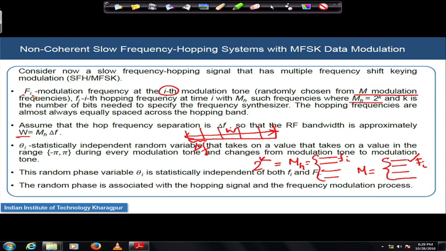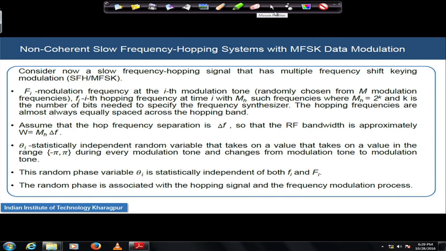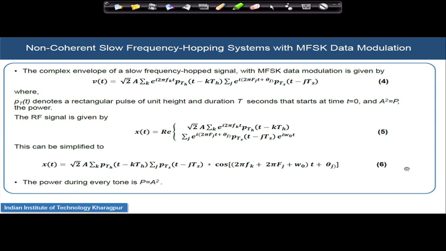So, in the next slide we will be handling capital Phi, small phi, capital M, small m, capital M_H, the bandwidth W, and this independent phase component theta i to show you the modulated and transmitted frequency hopped signal.